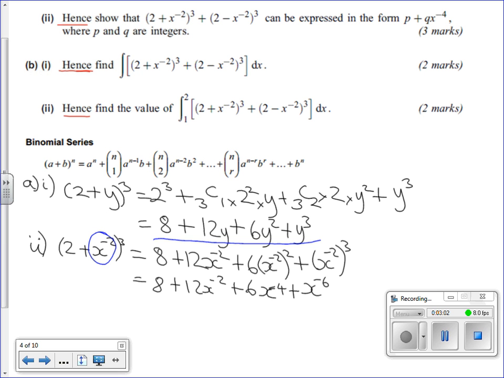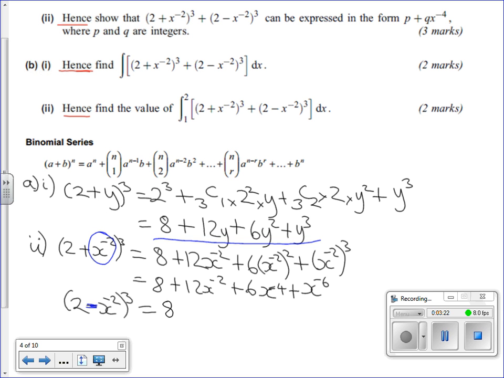We're then going to do the same. Now we've got (2 - x^-2) cubed. Now all that's going to happen here is it would be exactly the same, except this time we've got a negative in front of the x to the minus 2.